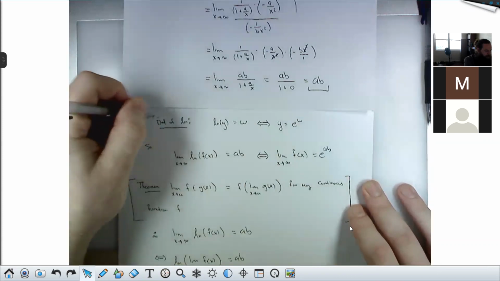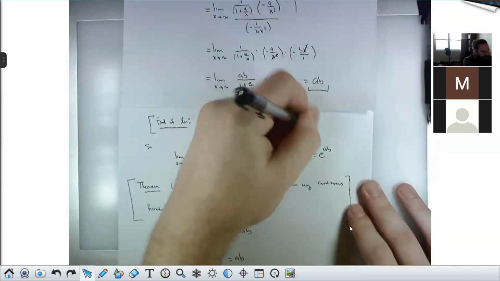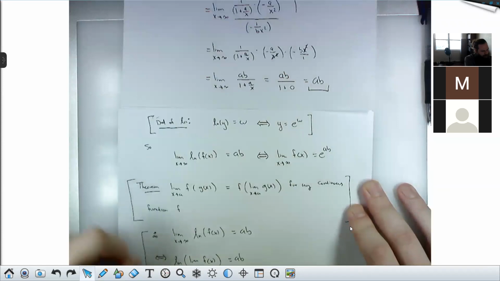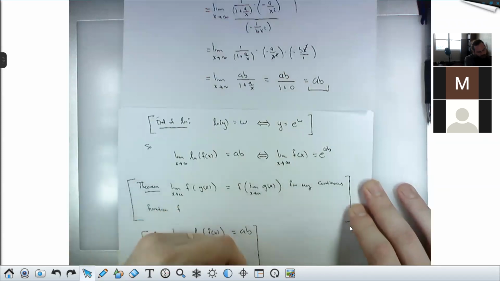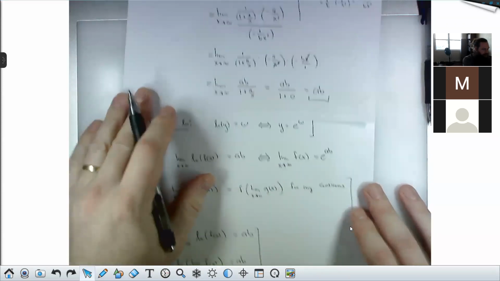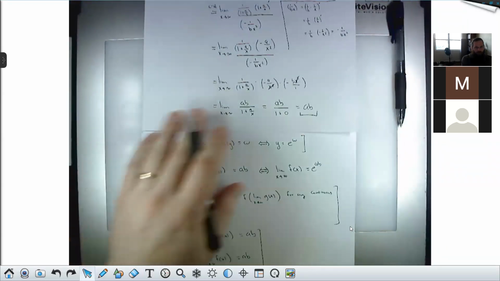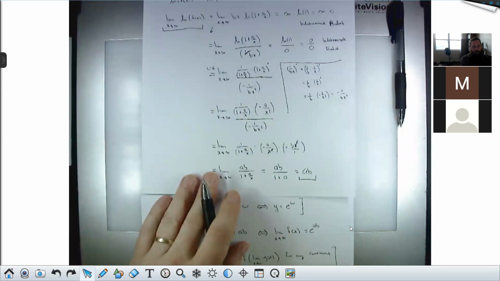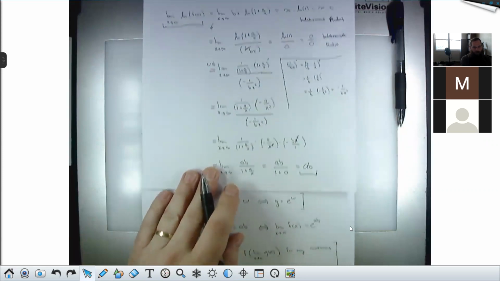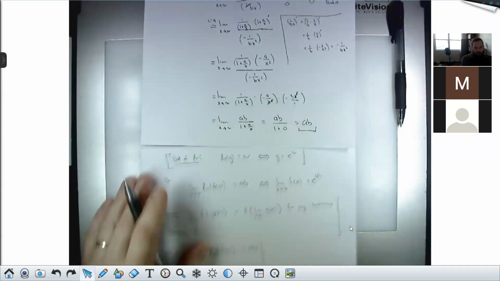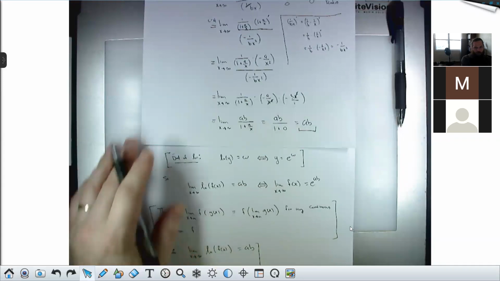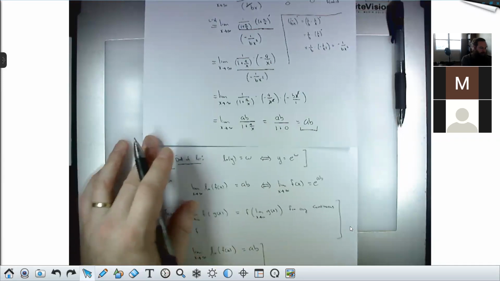I'll put the stuff that you could omit in brackets. So a kind of minimal good solution is all the non-bracketed stuff here, right? You do everything that we did to get up to the a times b, and then you just say, okay, the natural log of my function has limit ab, which means the function itself has limit e to the ab.